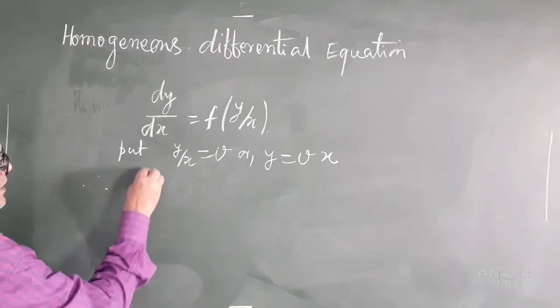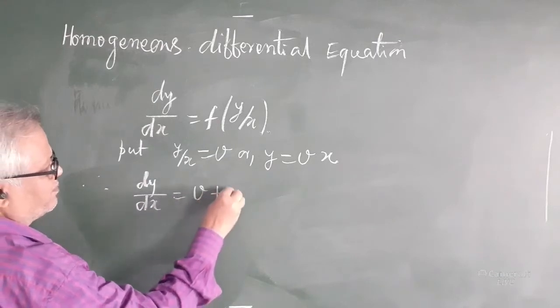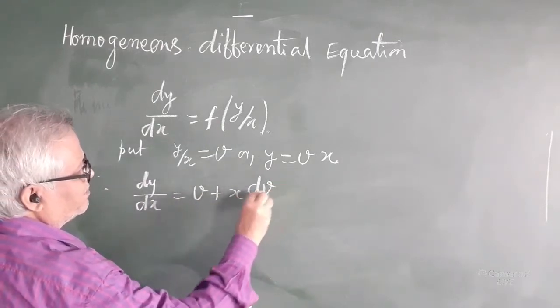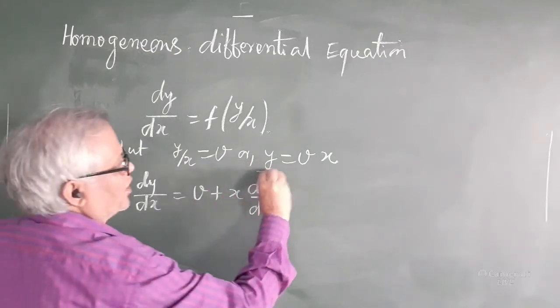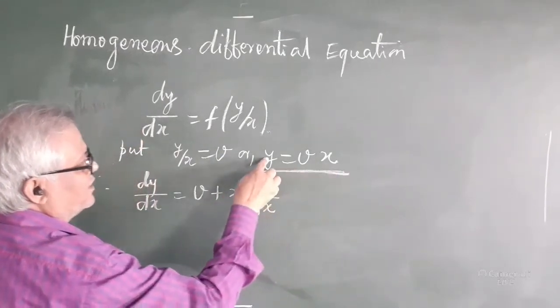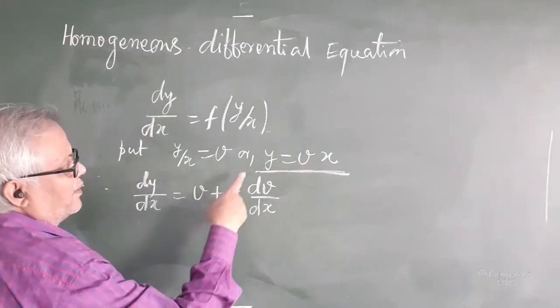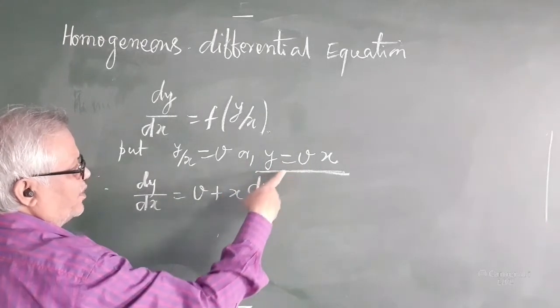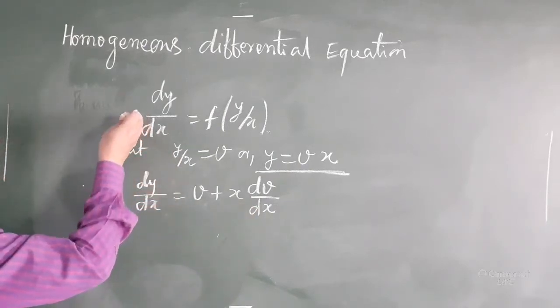Therefore we have dy by dx is equal to v plus x dv by dx, differentiating both sides with respect to x. The derivative of vx is v into the derivative of x, which is 1, plus x into the derivative of v, which is dv by dx. So we substitute it here.